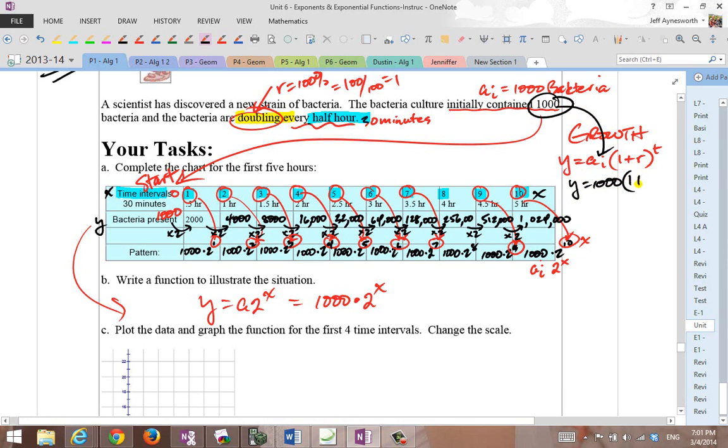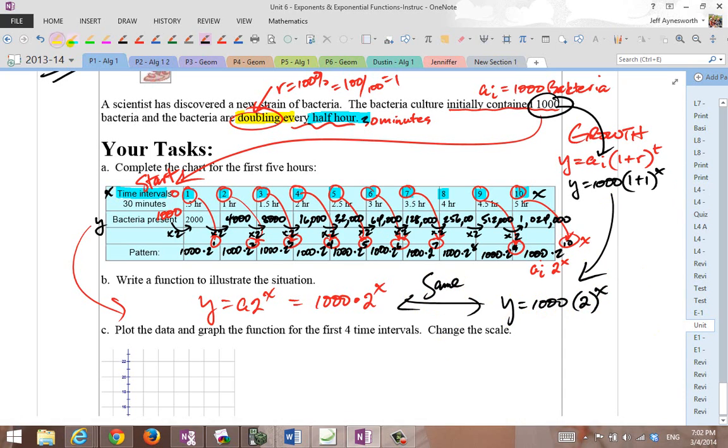Got to substitute in the growth rate. I mean, because if it doubles, then it increases by 100%, right? To the, not t power, but in this case, the time interval is x now, so to the x power. What does that give you? It gives you y is equal to 1,000 times 2 to the x power. Notice these are the same. All right, so our function is y equals 1,000 times 2 to the x. It's a growth function. All right, why? Because things are doubling. Okay?